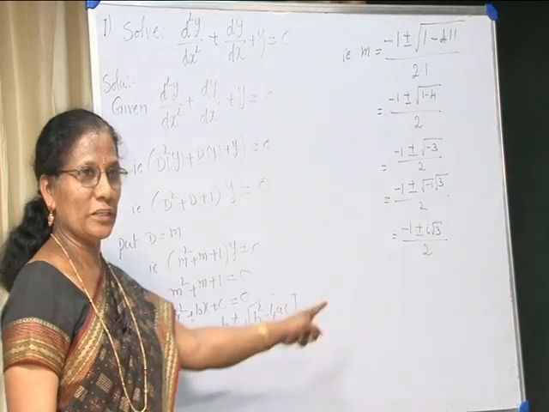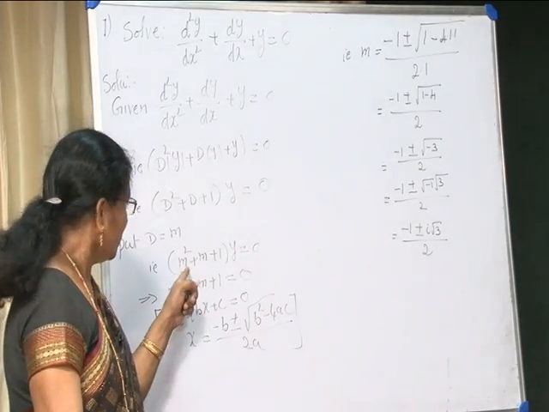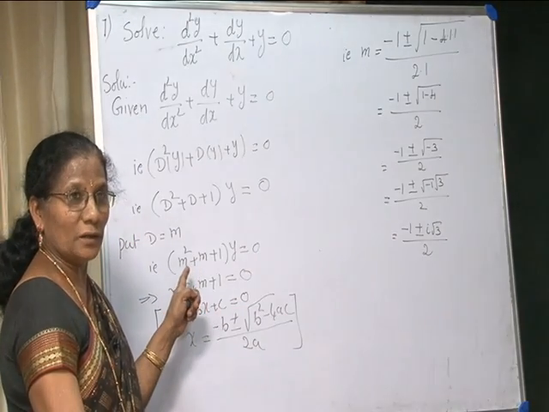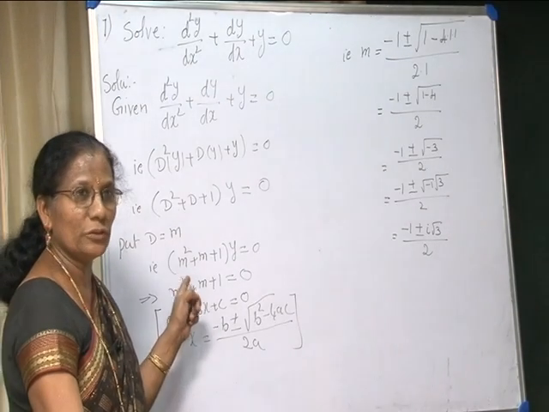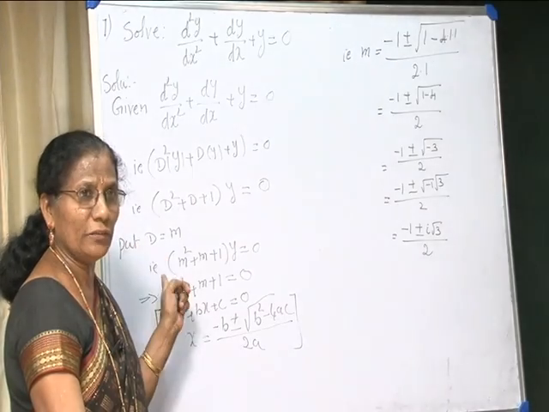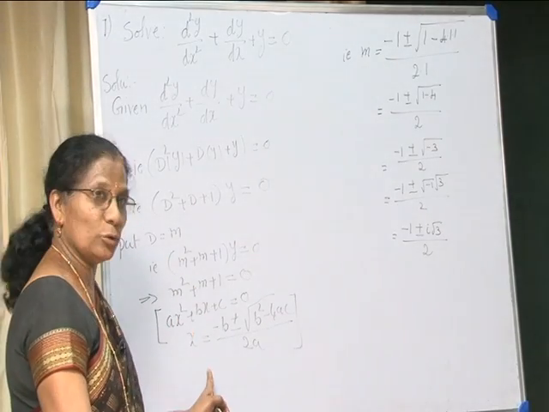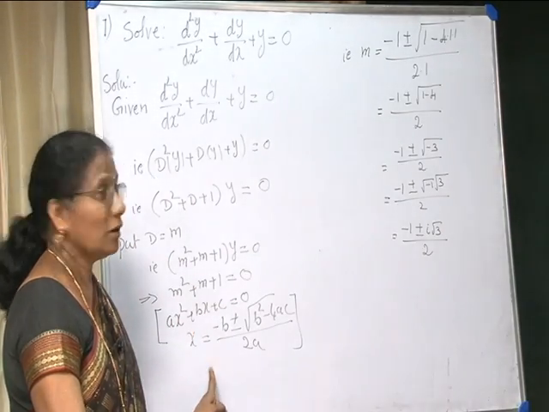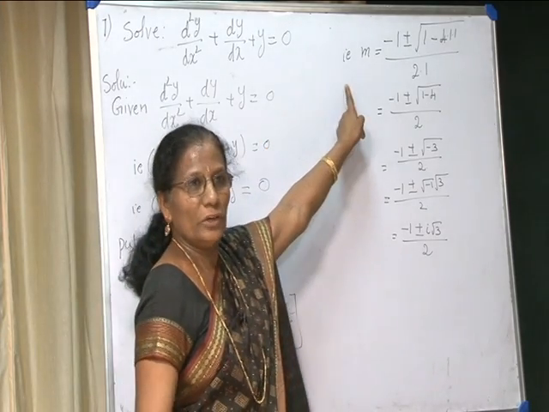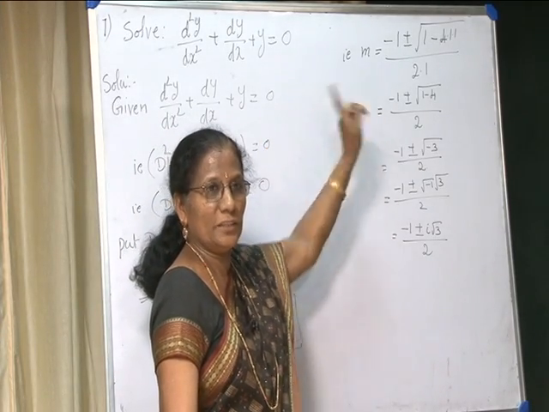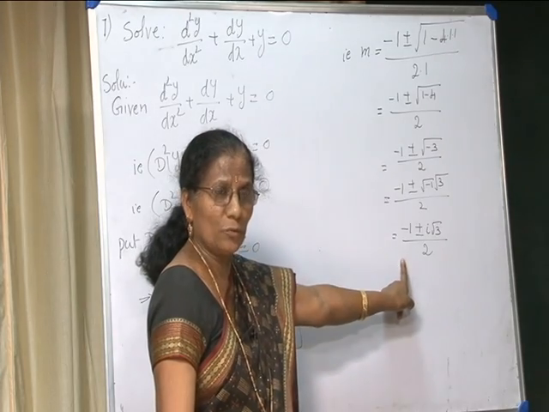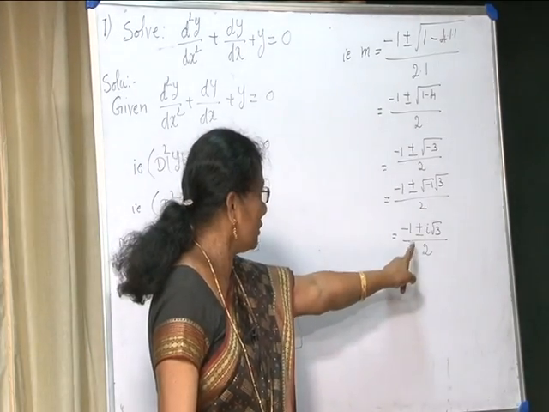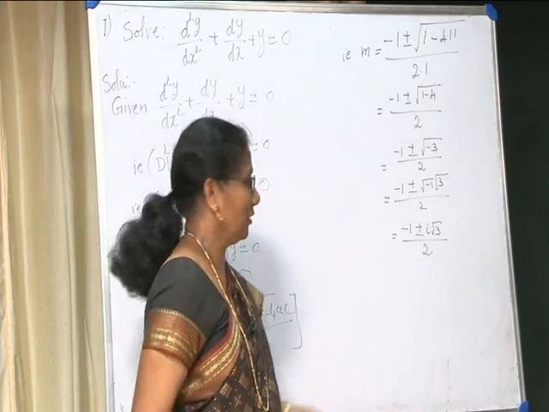So, this is a complex number. This is a quadratic equation, and it is not possible to find the value of m using factorization. So, to find the value of m, we have to use the formula. We substituted the values a, b, c, and at the last step, after the simplification, we got minus 1 plus or minus i root 3.